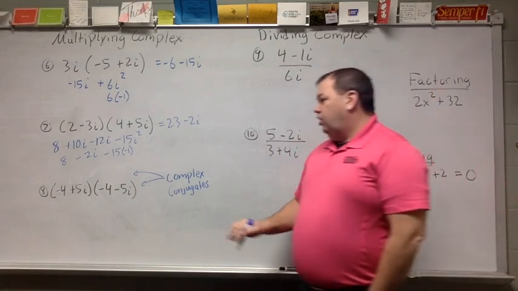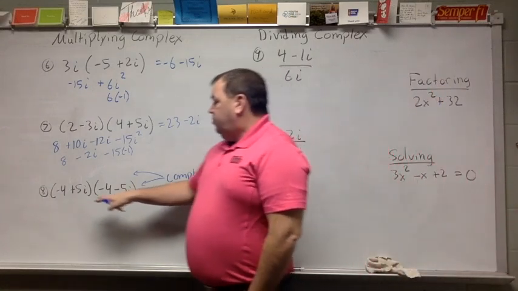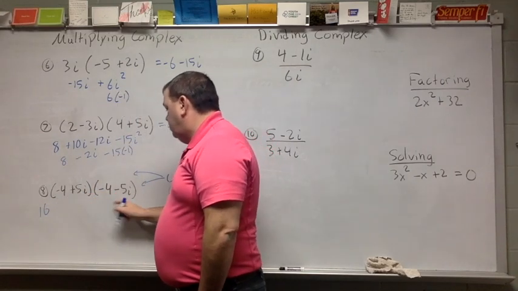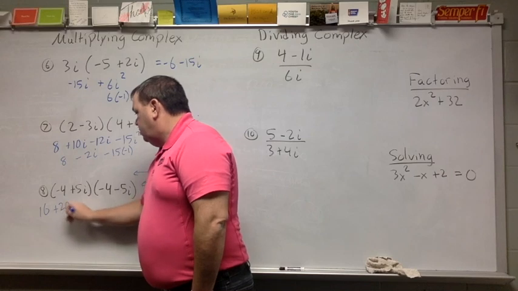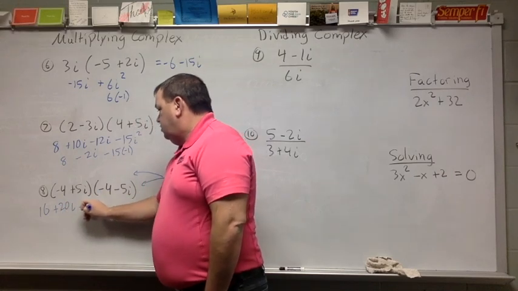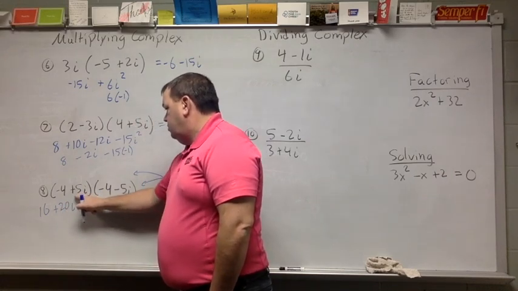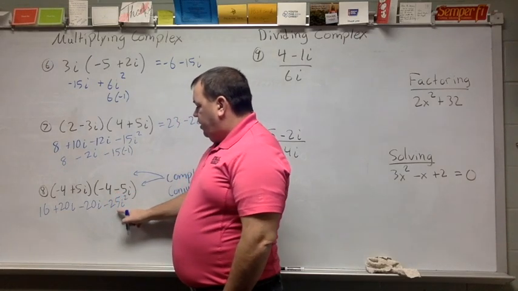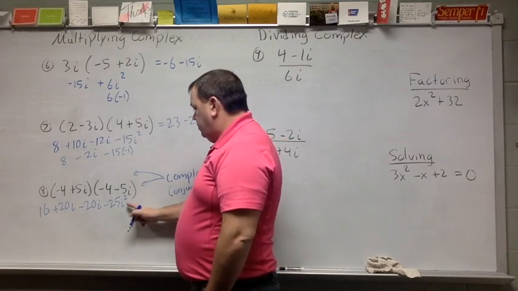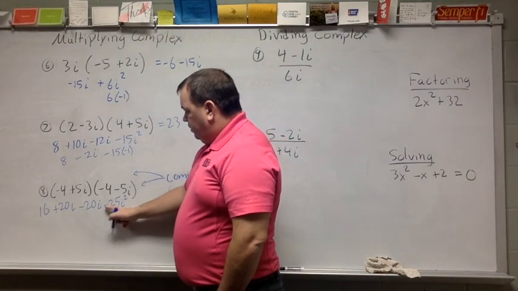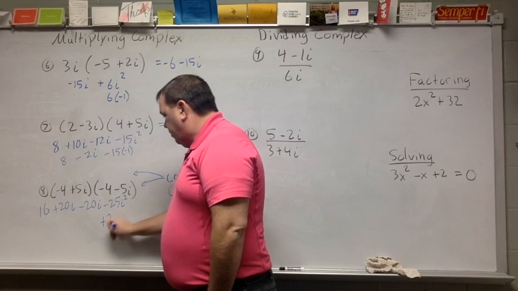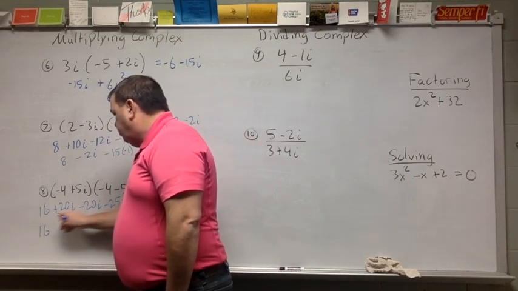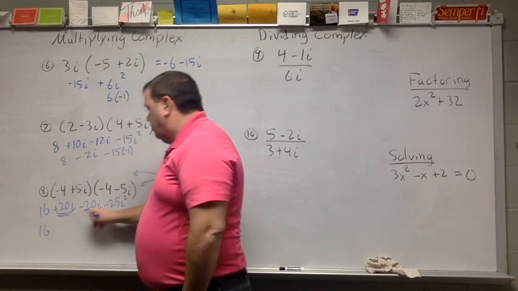Now I'm going to do one more, and I'm going to talk about this in a moment. But I'm going to multiply these 2. So I still have that i squared here, so I'm still going to turn this into a -1, and -1 times -25 makes it a plus 25. That hasn't changed at all. But take a look at my 2 imaginary pieces here.